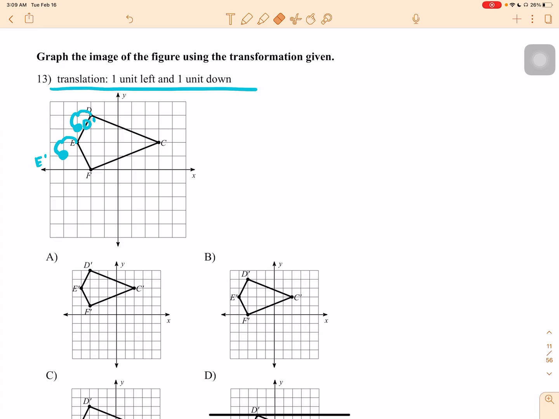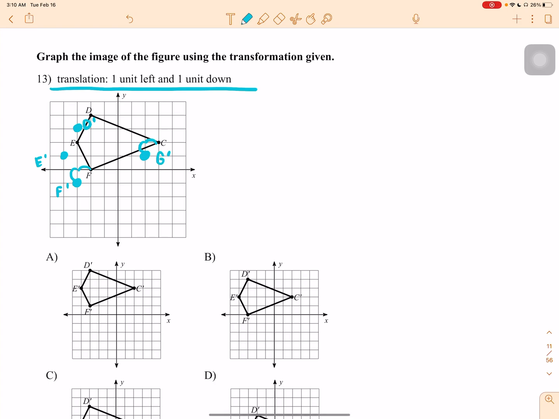As you go, you can erase the jumps. Oops, I didn't realize that jump was attached. You can erase the jumps, it's totally fine if it's less messy for you. So go over 1, down 1, and this is F prime. And then for C, go left 1, down 1.